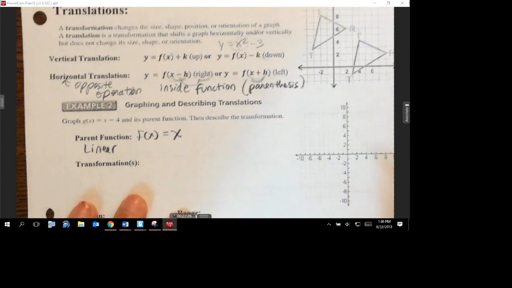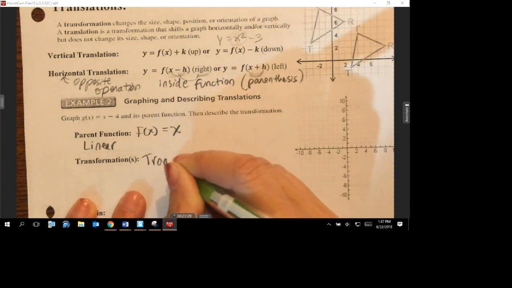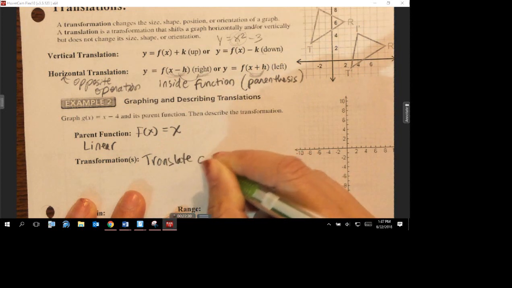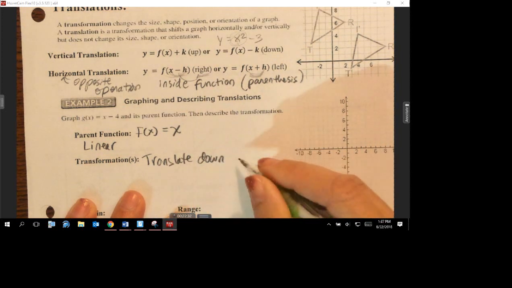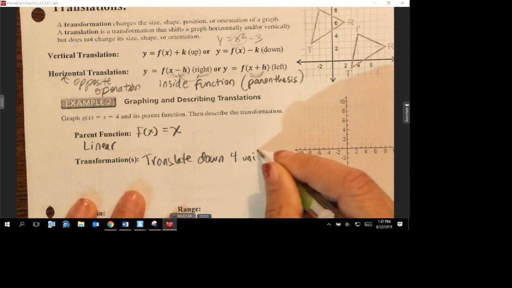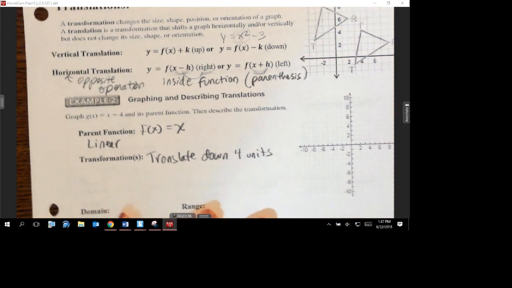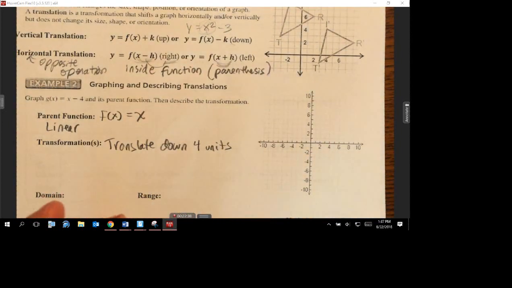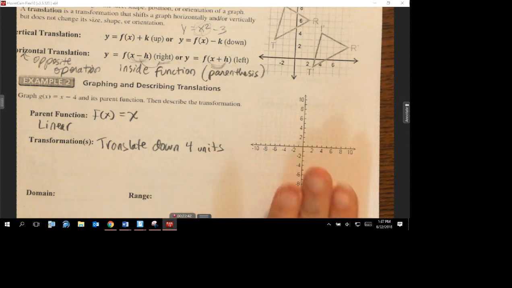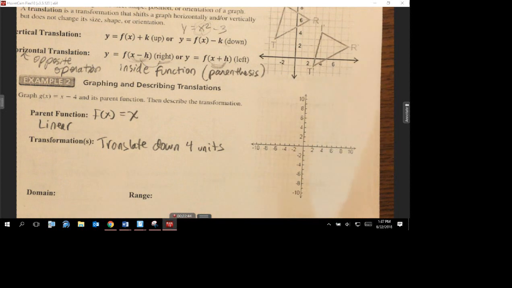So what we write is: translate down 4 units. That's our transformation. Then on our graph, and it says it more clearly in your assignment, we're going to graph the parent function and we're going to graph the transformed function.